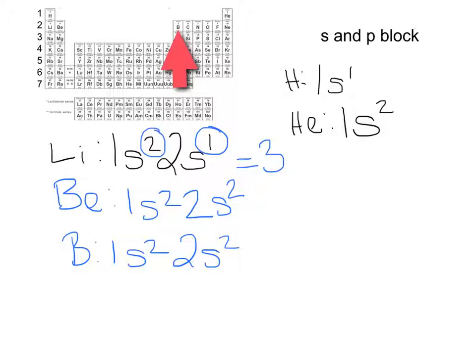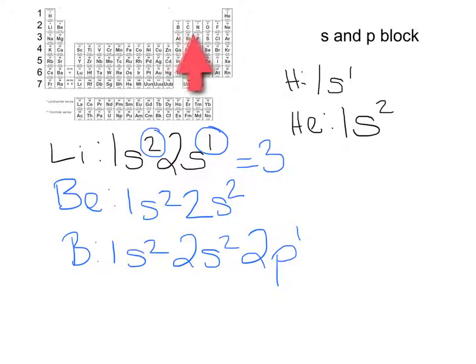Because I'm still in the second row, I'm going to write 2. Now I'm not in S block anymore, I'm in P block, and I need to go over 1. Ta-da! Let's double check: 2 plus 2 plus 1 is 5. Boron is 5. We rock!